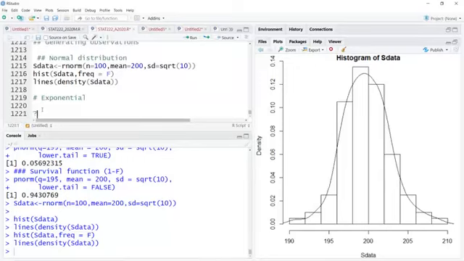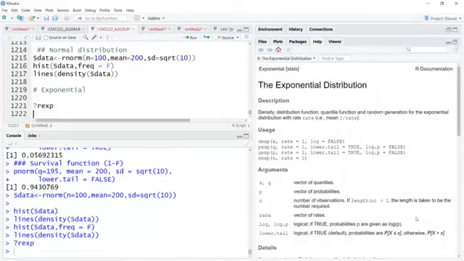So for exponential, you are looking at RSP. If you go to the help files, you see D, so each of them will have D for density, P for cumulative distribution function, Q for quantile, and R for random number generation. So if I want to generate observations, just R exp and then the rate.